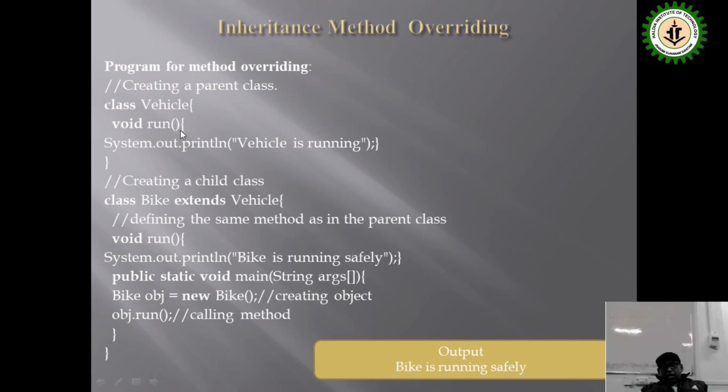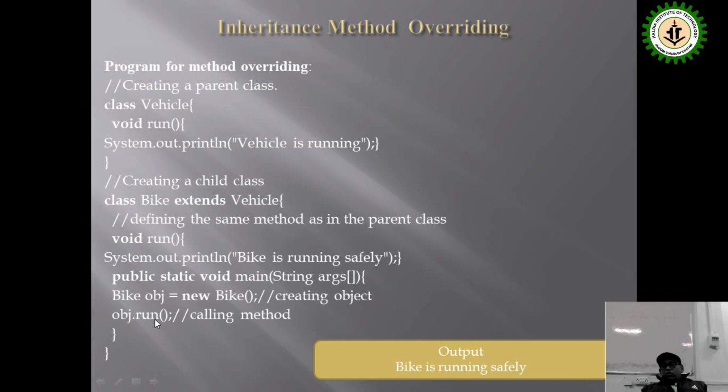The same method name we use in the child class, void run, and define this method: bike is running safely. Then we create the object of the child class, the bike class. Bike object equal to new bike. Now we call object dot run.